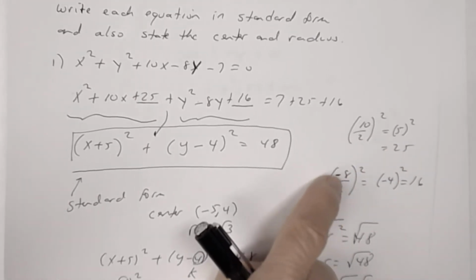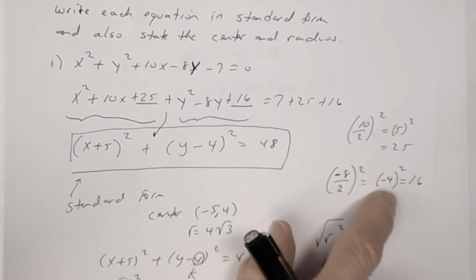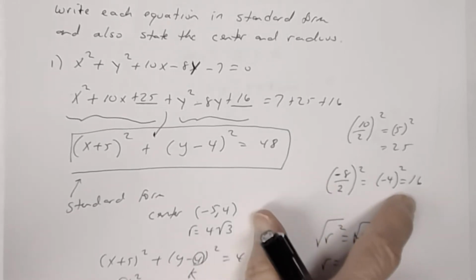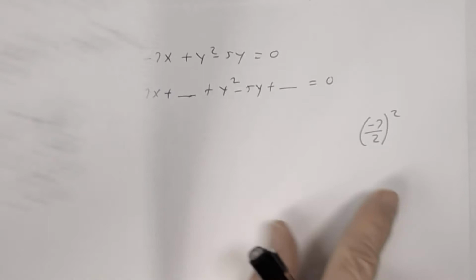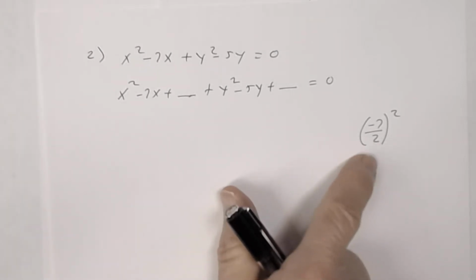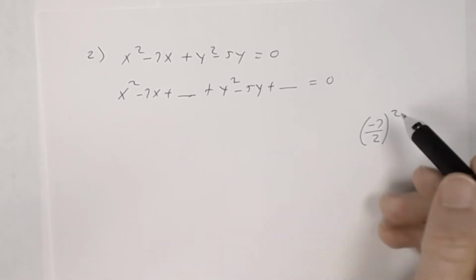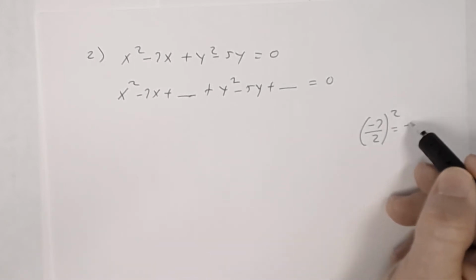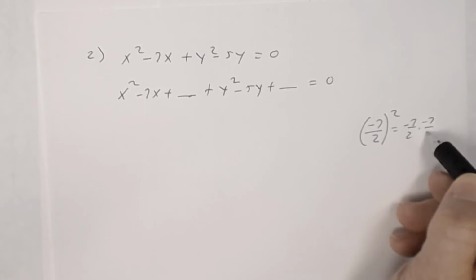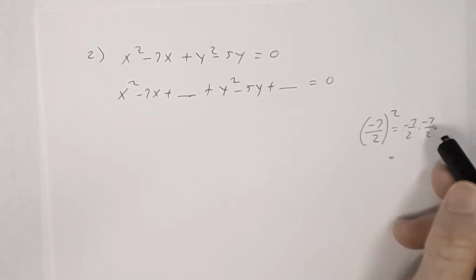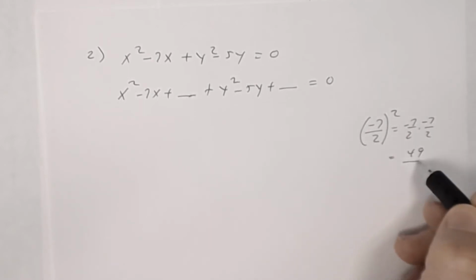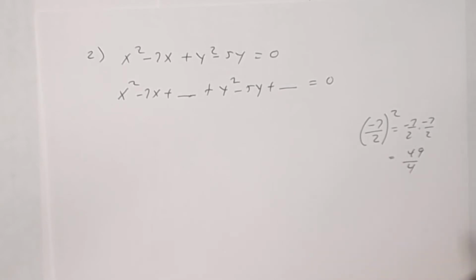I simplified negative 8 halves, got negative 4, and that was an easy situation. Here though, negative 7 halves, I can't simplify that, so I'm going to have to square it the way it is. Negative 7 halves means negative 7 halves times negative 7 halves. So that's a negative 7 times a negative 7, which is 49, divided by 2 times 2 is 4.